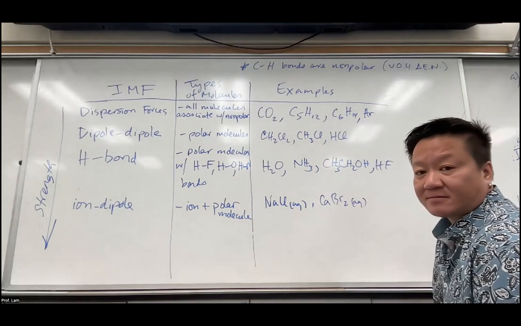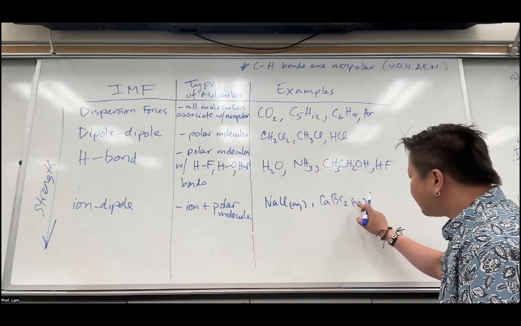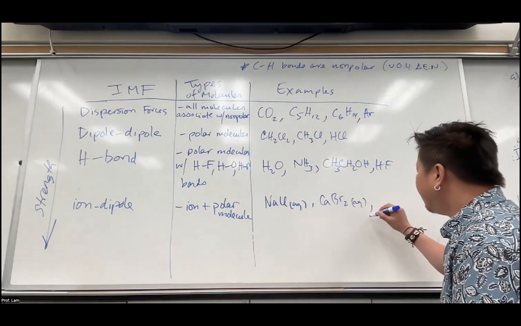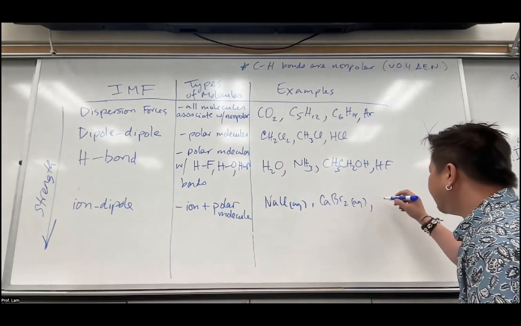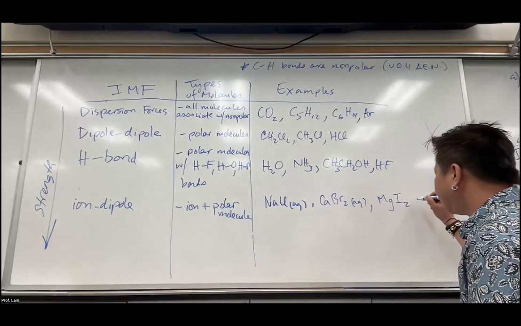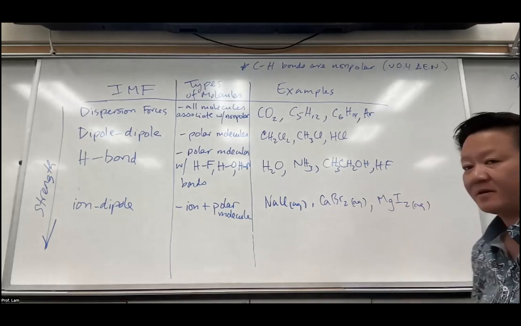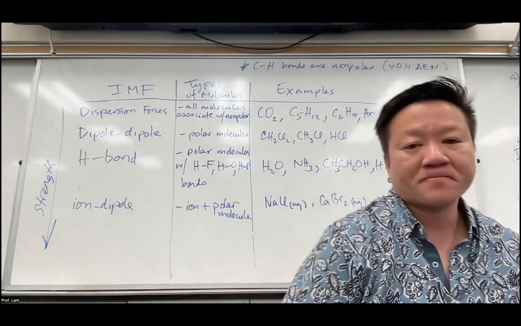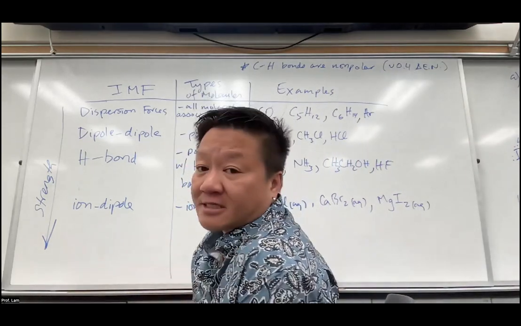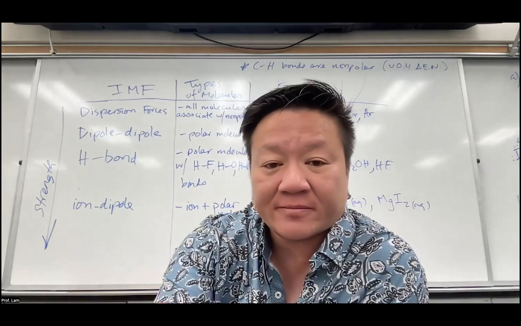Oh, that's ion dipole, because the dipole is the water, and then these are ions. Other things too, could be magnesium iodide, aqueous. Lots of examples. But technically, that's your strongest IMF there.